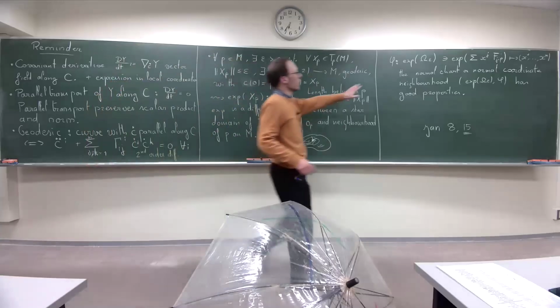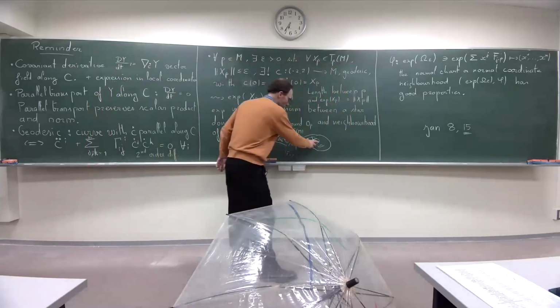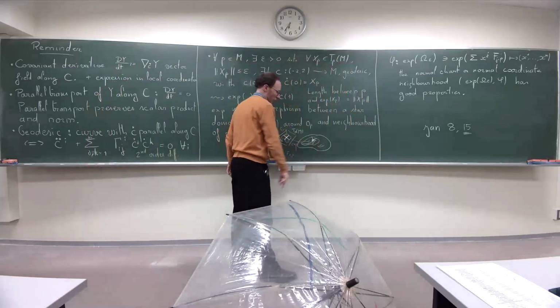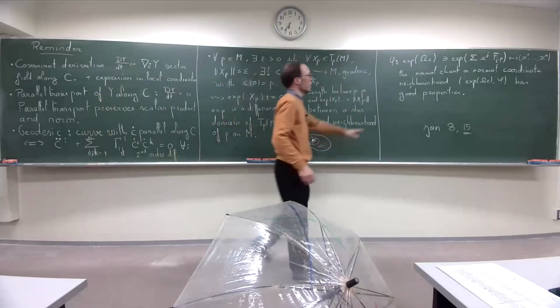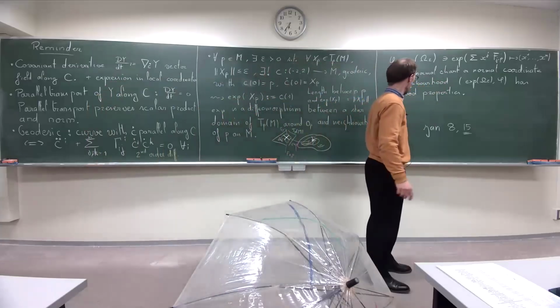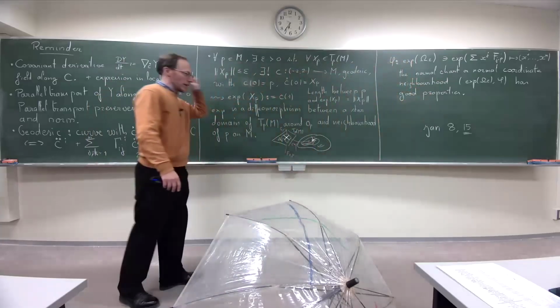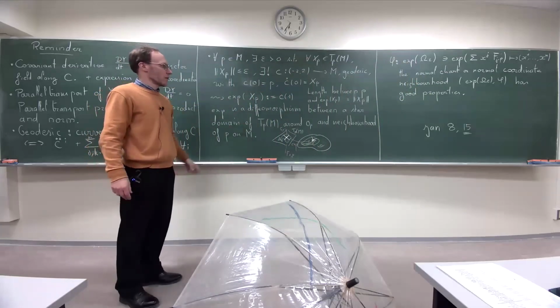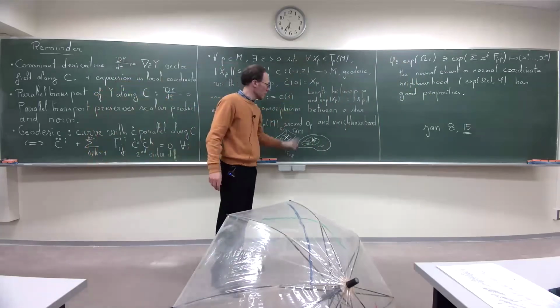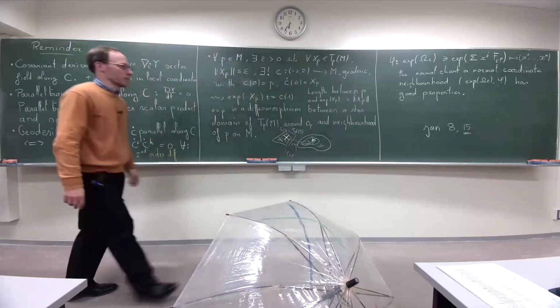This is a local parametrization of the manifold, a local chart. It's called a normal chart or normal coordinate system, and it has good properties. I mentioned that if you express the Christoffel symbols with this chart, some coefficients are very simple.